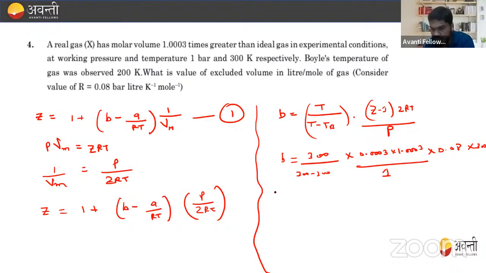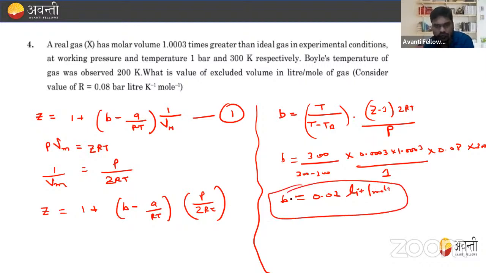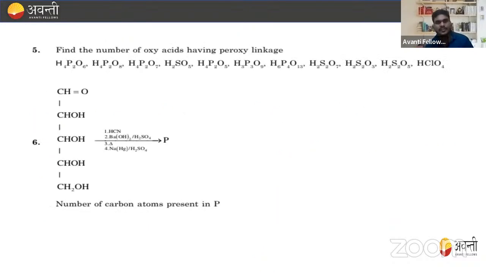So if you put the values, you'll get B equal to 0.02 liter per mole, right? So you have to calculate this. What is the value of the excluded volume? So this comes out to be the excluded volume, right? So this is how you can calculate excluded volume in this case. So this question is basically from the real and ideal gas equation.